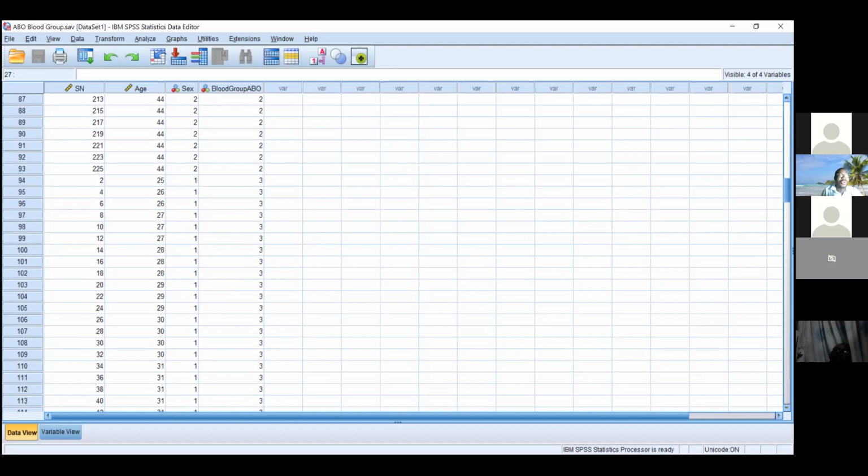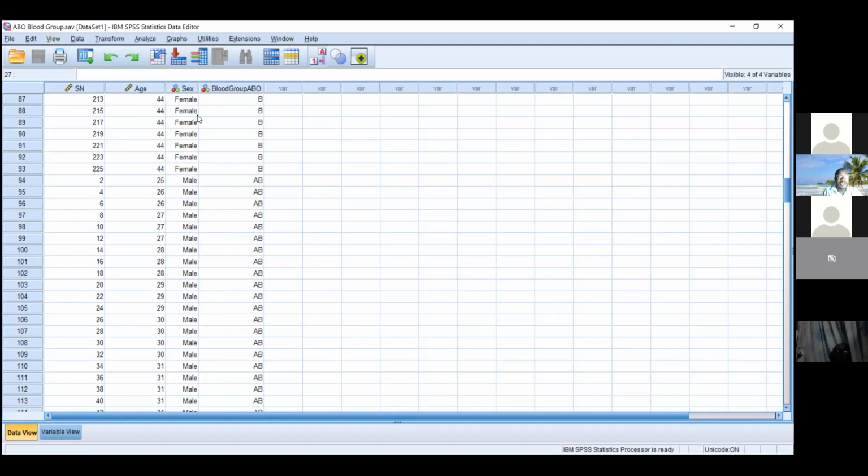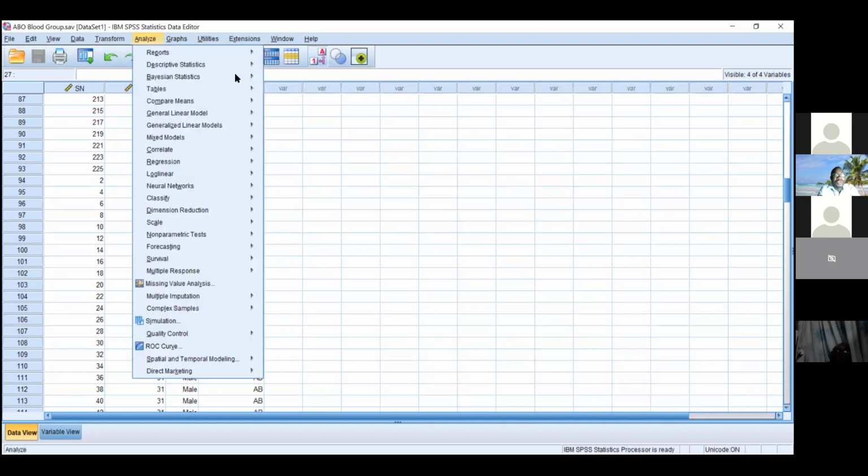Go to view. It's okay, Dr. Fatima. Click on value labels. Can you see now? Because I coded it as 1, 2, 3, but this is the label: 1 is A, 2 is B, 3 is AB, and 4 is O. Okay, go now to analyze. Go to non-parametric. No, it's not frequency.